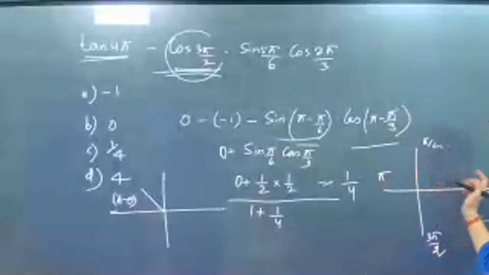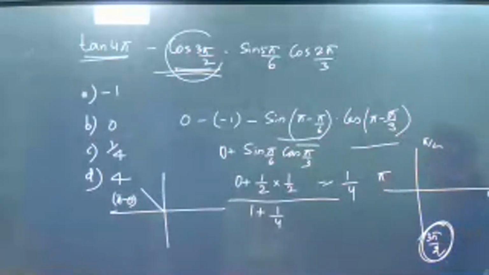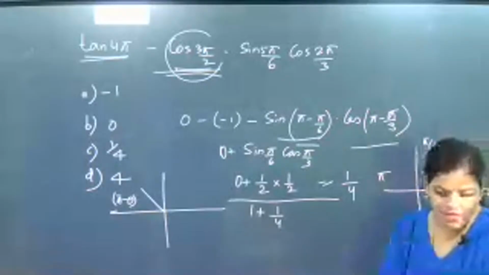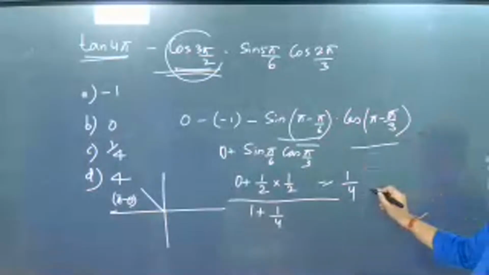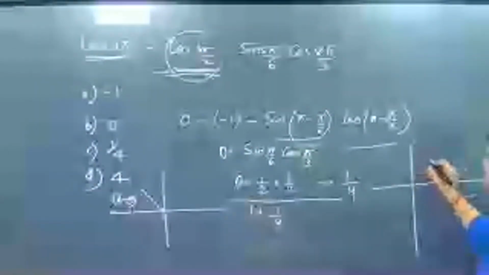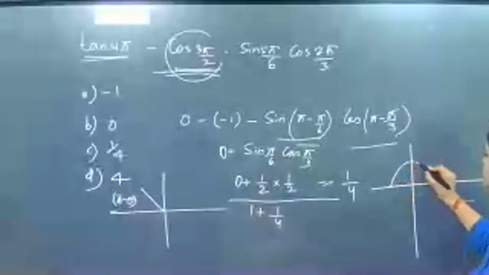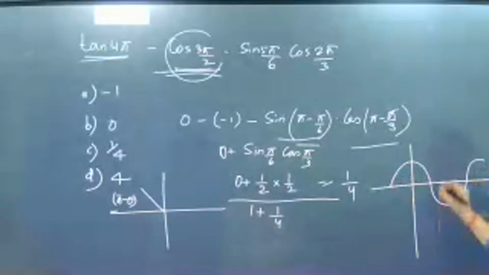So here you need to understand this value is given. So this value you will be getting on the axis. So when they ask you this, you have to go to the graph axis section. So here it is exactly the graph of cos like this. Okay. So this is 0, this is pi by 2, and this is pi, and this is 3 pi by 2, and this is 2 pi.